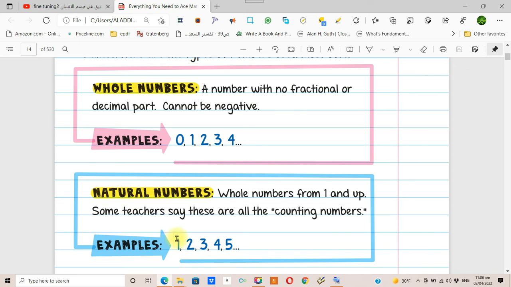Natural numbers, we don't start from 0, we start from 1: 1, 2, 3, 4, 5, 6, 7, 8, 9, 10 until infinity. So this is the first lesson, whole numbers, natural numbers.